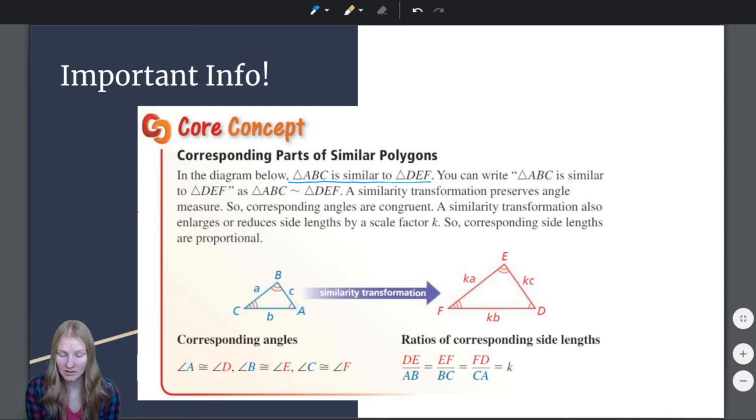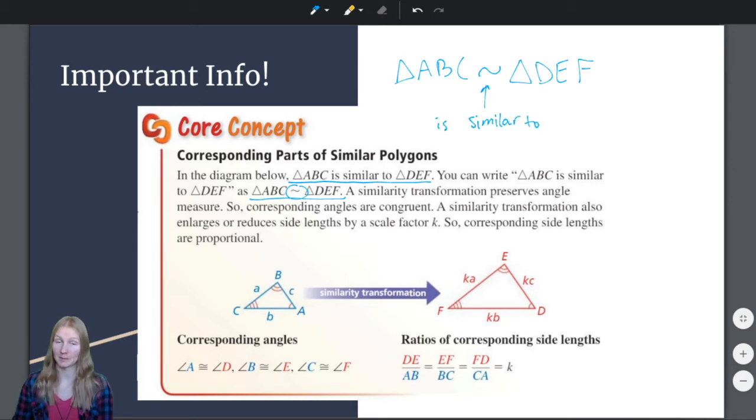We can write that using this little squiggle. So triangle ABC is similar to triangle DEF. This means similar, or is similar to.